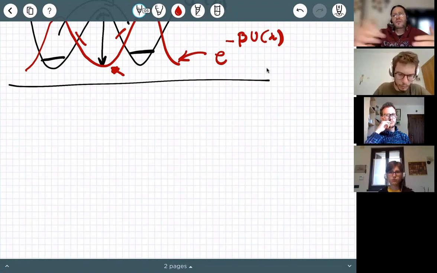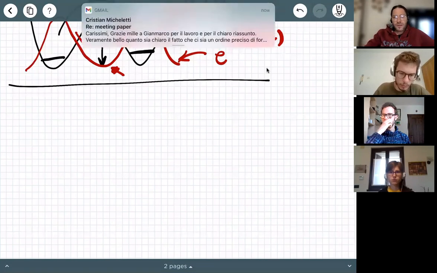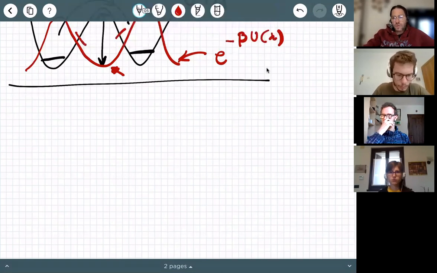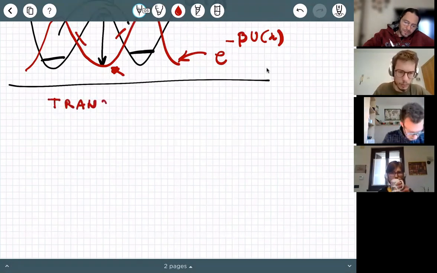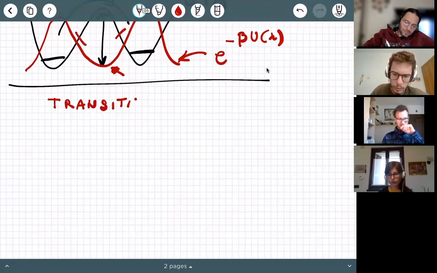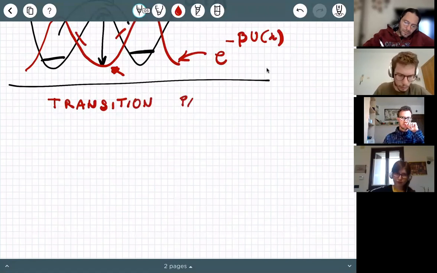In some sense, we want to generalize or extend the Boltzmann theory, adapting it specifically for this problem. It turns out that this problem was actually solved very recently, and goes under the name of transition path theory.